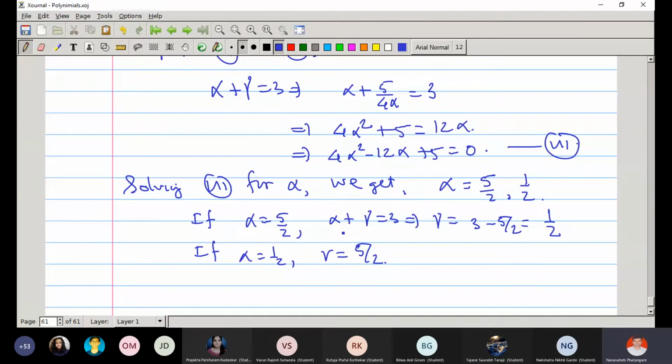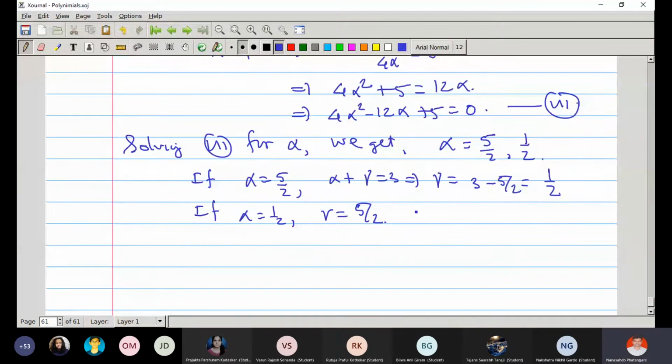Correct? Is it clear? Therefore, here the two values of alpha are actually both of the roots. One is alpha and another is ultimately gamma. Whichever is alpha, whichever is gamma, that doesn't matter, because all these expressions are symmetric in alpha, beta and gamma.